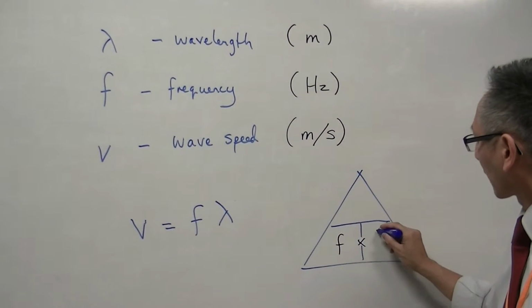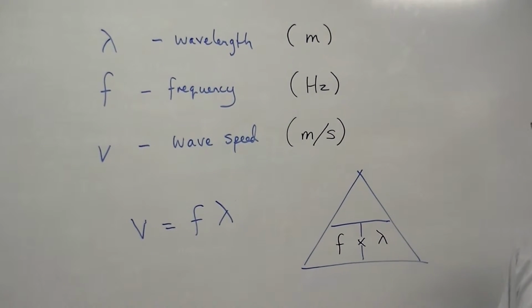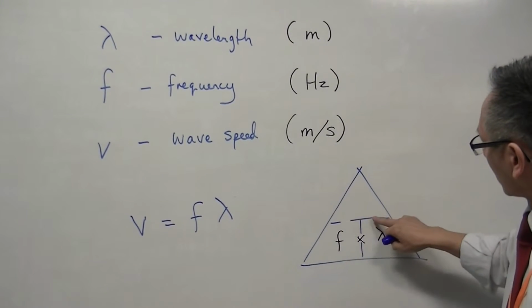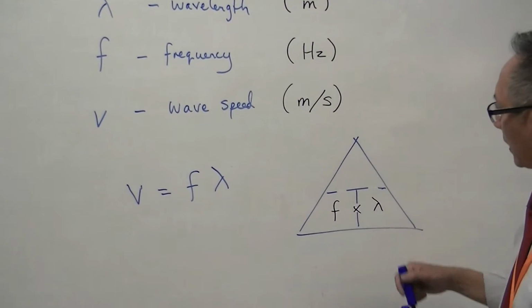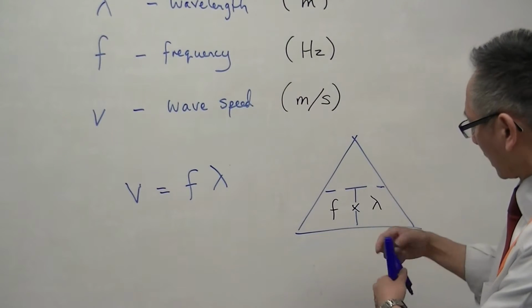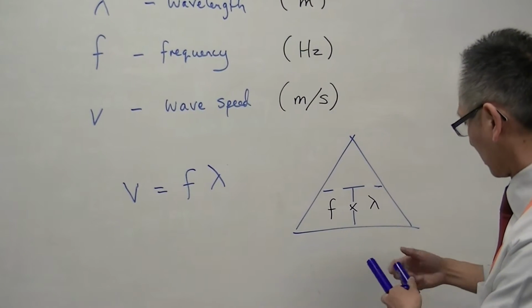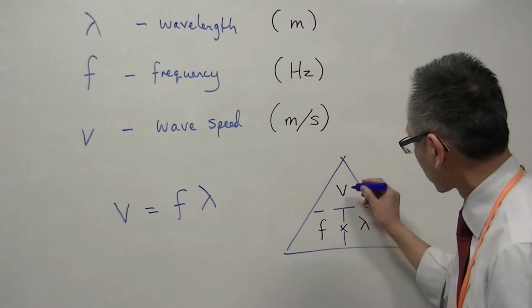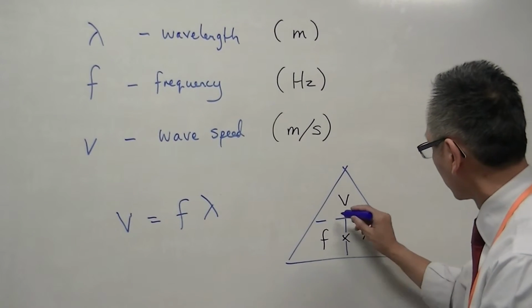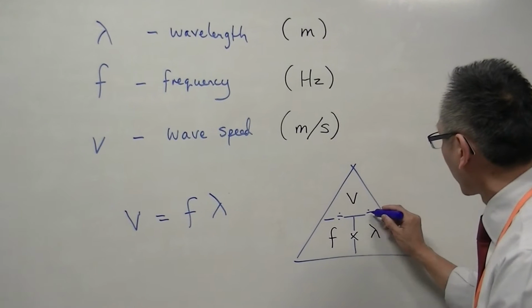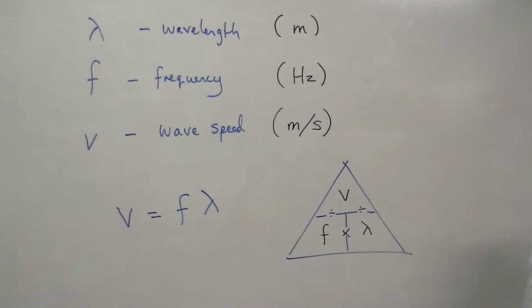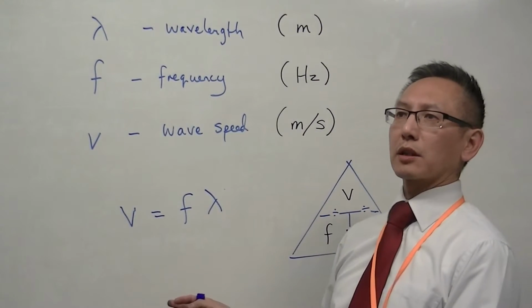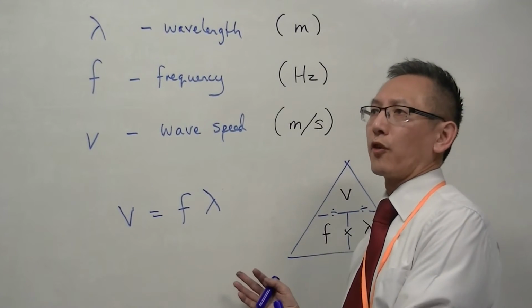The things that are multiplied together go down here. Anything above here is the other missing one. So here we have the wave speed. Okay? And that simply means divide. Okay?